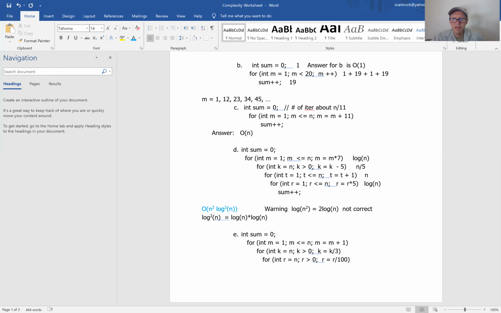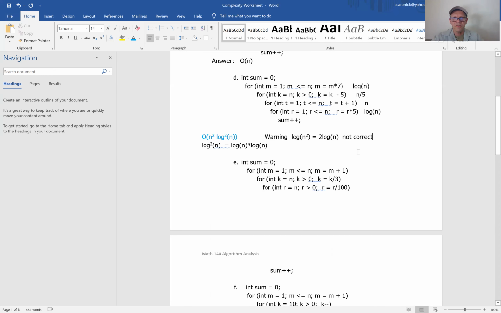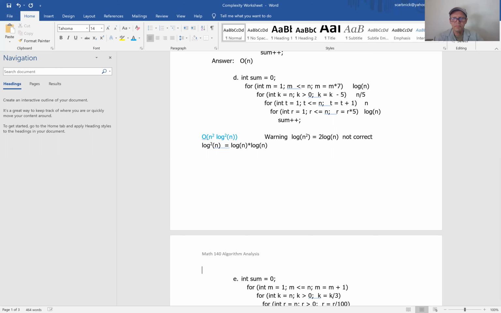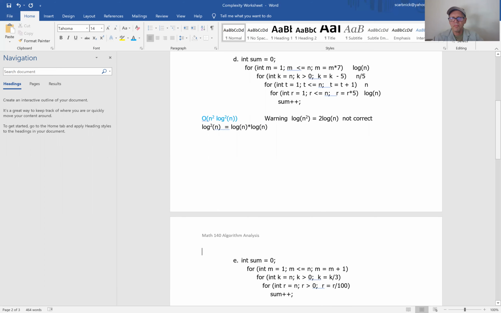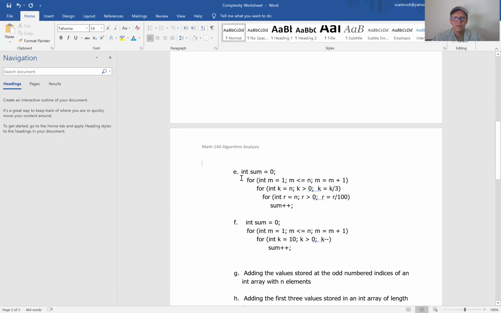Okay, so let's do E now, and then it's the same thing. We'll just count. I scrolled down here because of all this typing. We're going to do the same thing, and then we're going to look at a constant number of operations per iteration. And once again, we look at the counter variable. So here we got n.